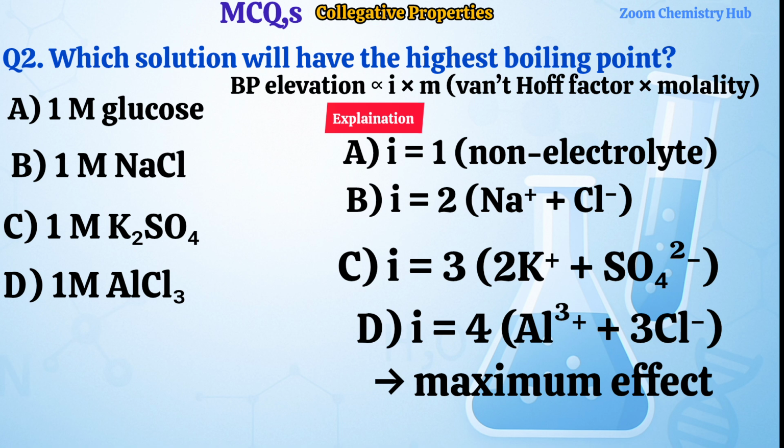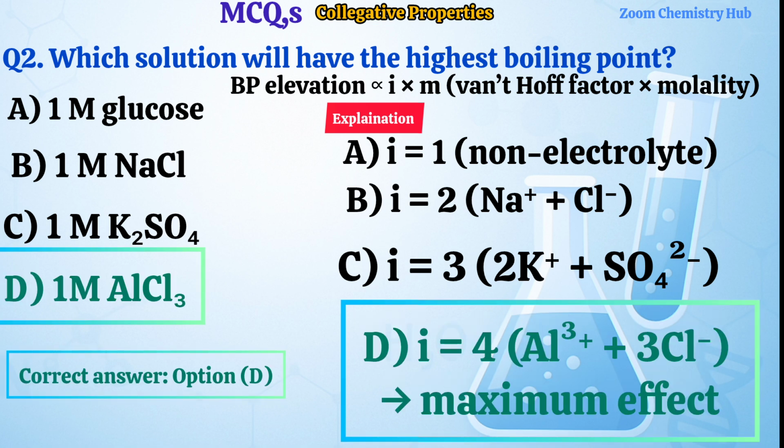So here option D is correct, that is the solution which will have the highest boiling point. Option D, 1 molar aluminum trichloride solution, has the maximum effect on boiling point.